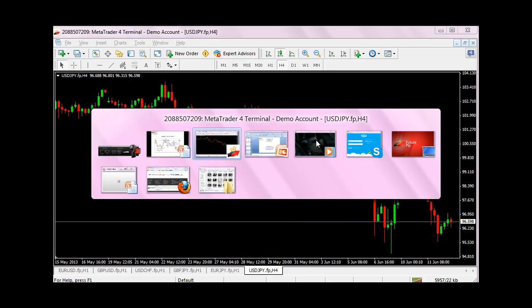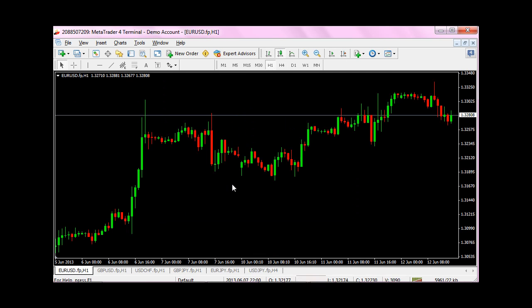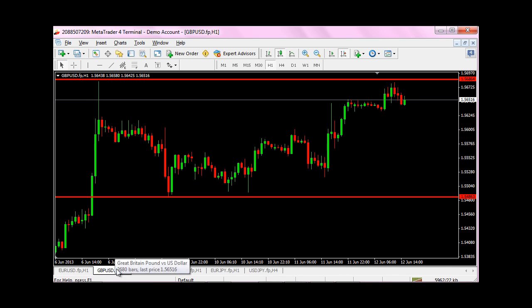So let's go to our platform and see if we can identify some support and resistance here. At this point the market hit here and couldn't move up again. This point hit here too and couldn't break through. So here is our resistance. The same applies to support here.